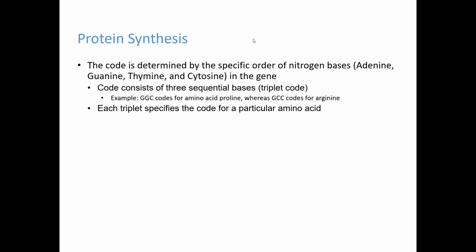If the triplet right next to it has guanine, cytosine, and cytosine as its nucleotide bases, it's arginine. The triplets specify the amino acids. The triplets are made up of the bases, and the order of the bases determines what the triplet is going to say. So the triplets determine the amino acid and the order the amino acids have to show up in.